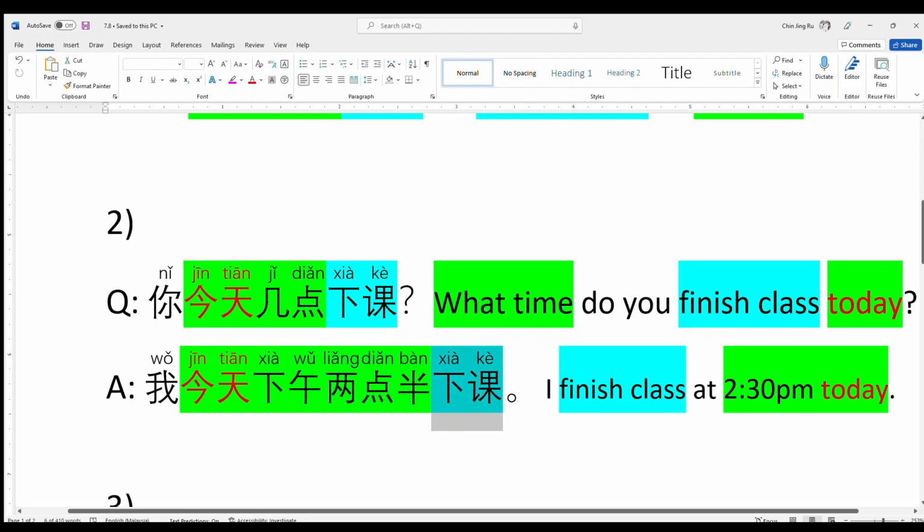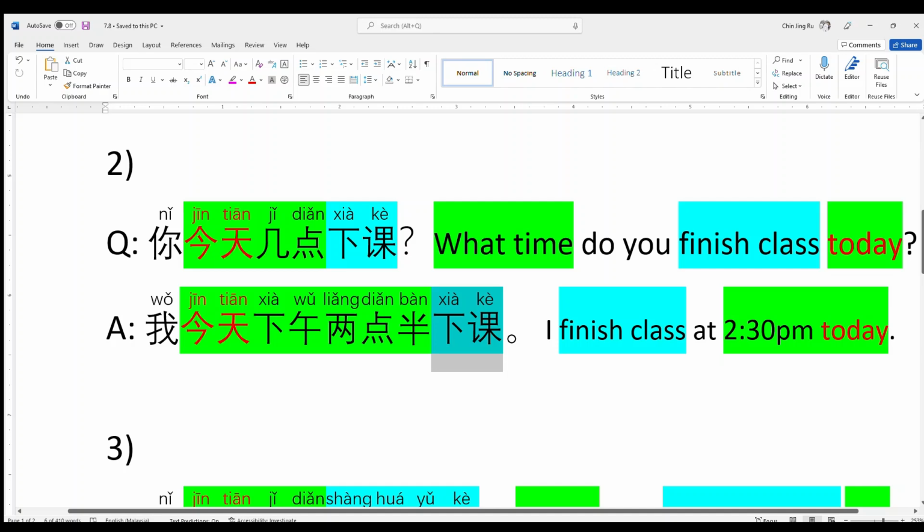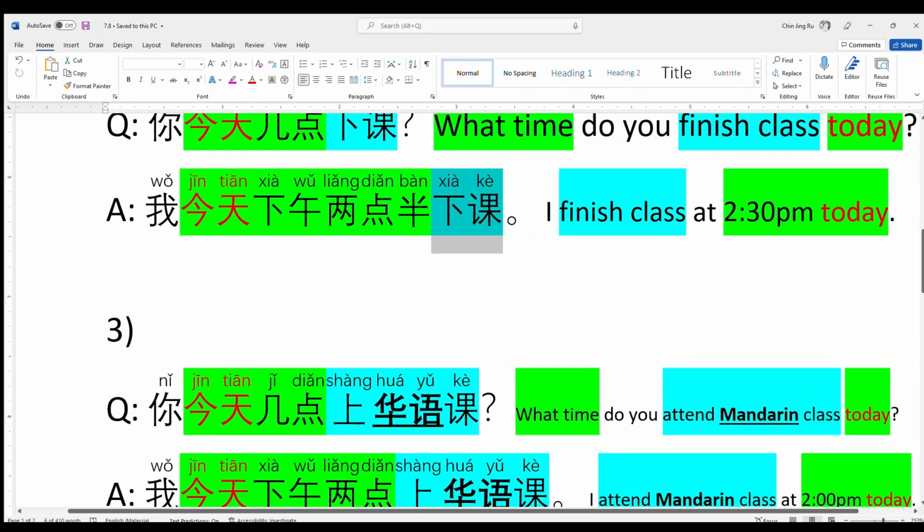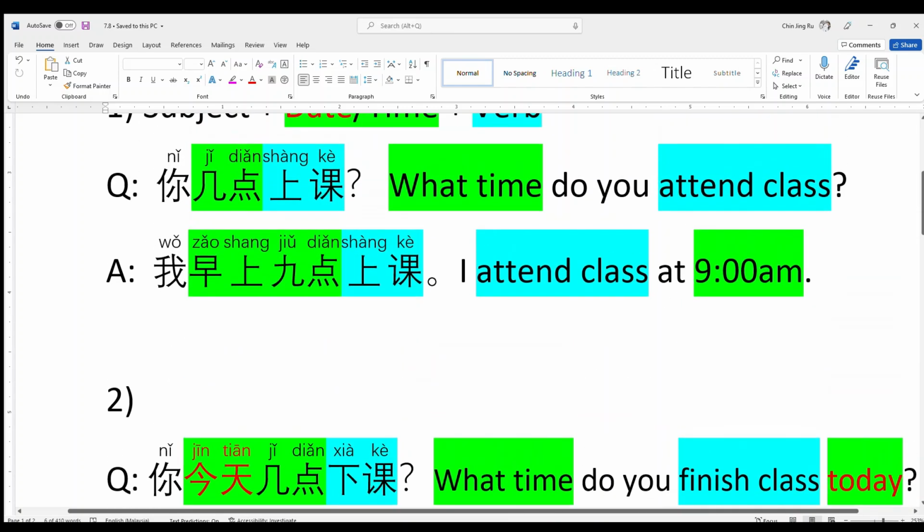Yeah? So, if you can follow up with me, now we make our sentence longer, more specific a little bit. This question is asking, what time do you attend Mandarin class today? Do you notice what is the difference? Just now we say attend class only, right? 上课. But sometimes you can make the class more specific.